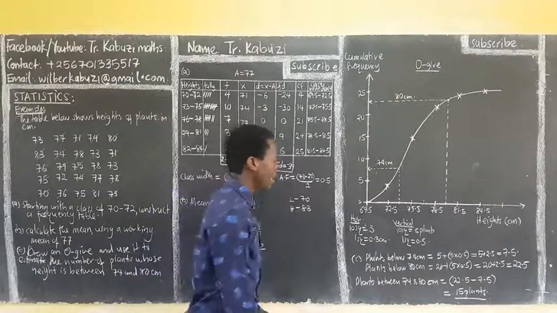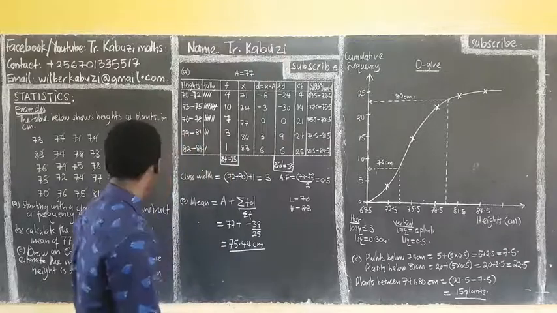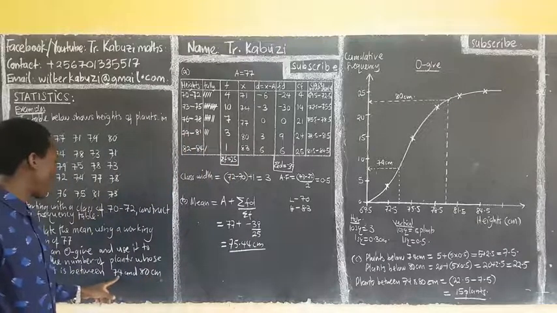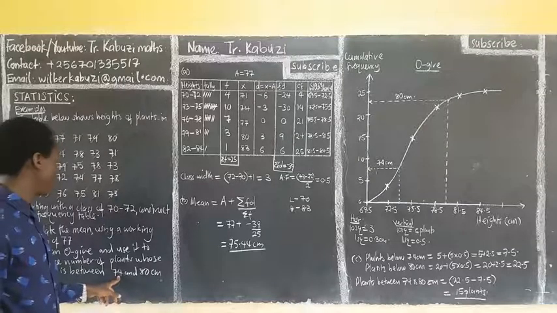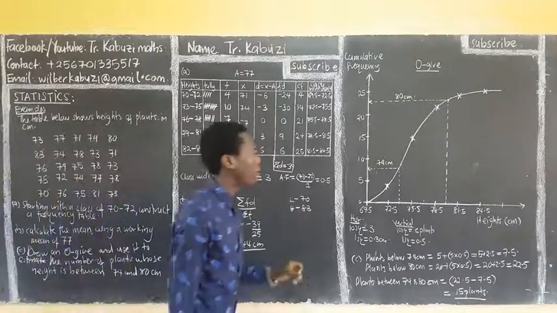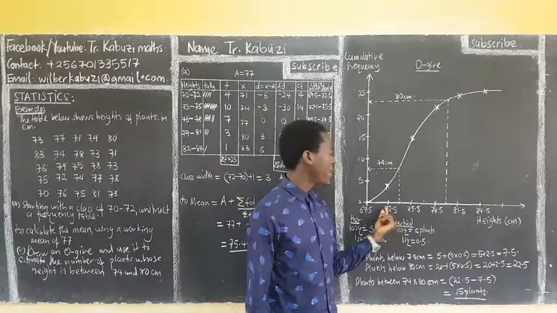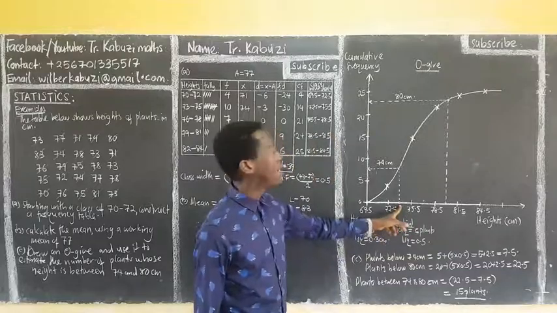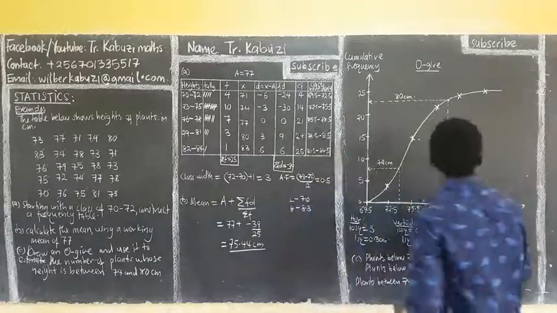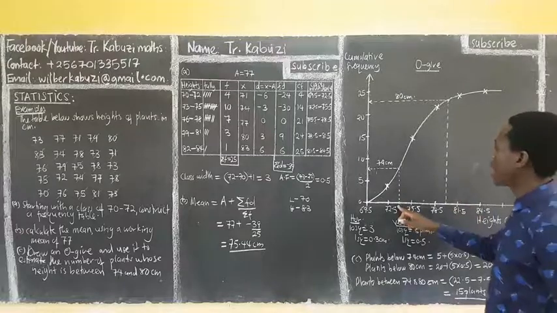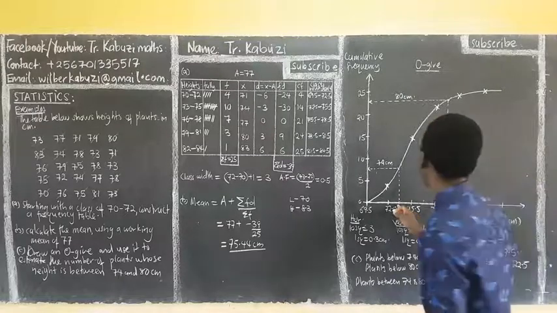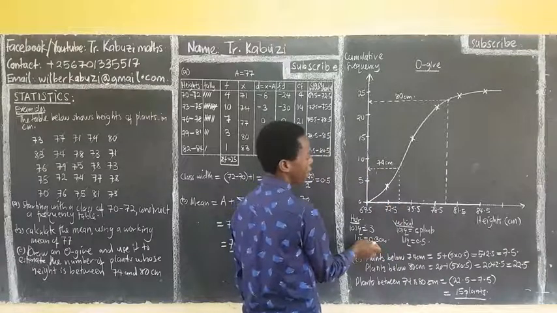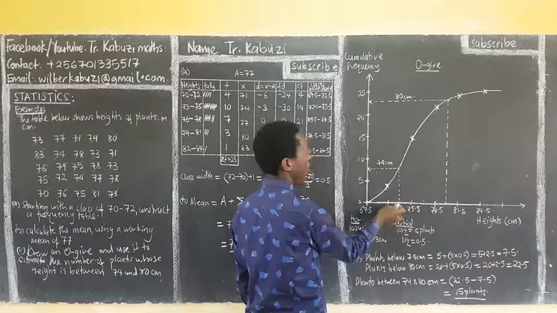Now, first of all, if I want to get the plants between 74 and 80, what I'm going to do first is get the plants below 74. I measure out this figure, 74 here. How can you easily get this figure? Get the 74 and count with the small squares on the horizontal.